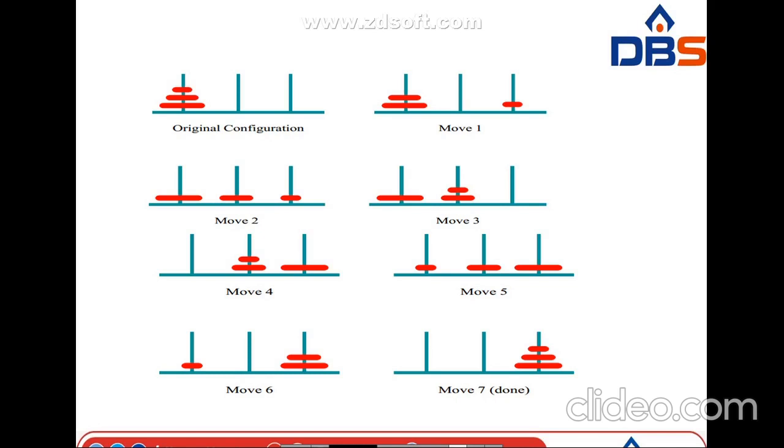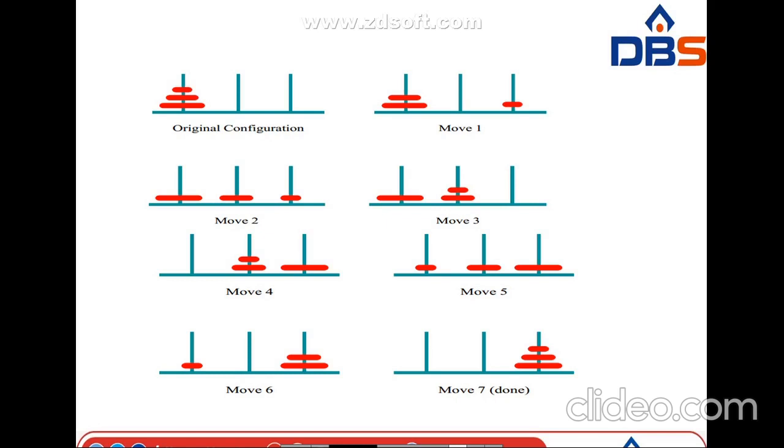After completion of the seventh move, what we will get is our objective. Initially in the source we have the large, medium and small discs. At the completion of the seventh move, in the destination tower we have the same thing: large, medium and small.